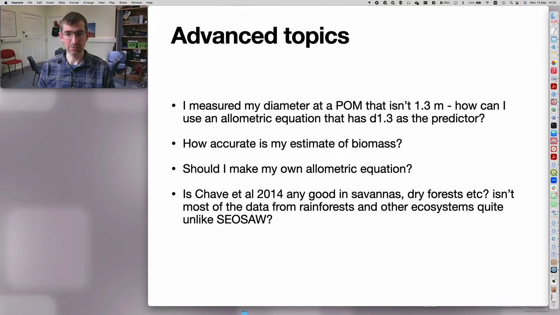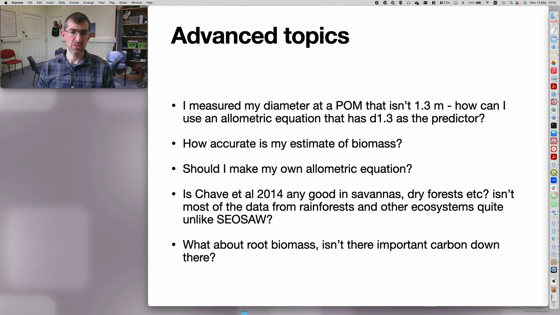And that's a current hot topic, I would say. It's something we're working on in the SEOSAW and SECO projects to make some that are specific to the dry tropics. Whether we can get enough good quality destructive harvest data like Sharp did for the whole of the tropics, I don't know. But you can see the temptation to make one that doesn't use all of those wet tropic trees as well.